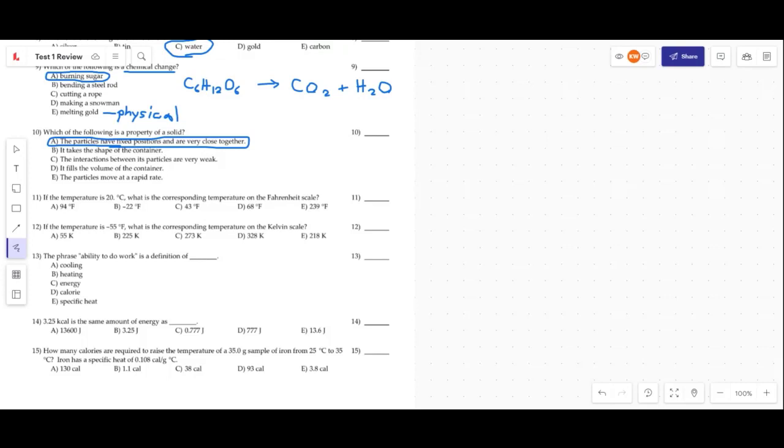Now let's look at the temperature conversions. If the temperature is 20 degrees Celsius, what is the corresponding temperature on the Fahrenheit scale? Let's take a look at this. There's an equation that we can use between Celsius and Fahrenheit. There's actually two different ways to write this equation, but basically the equation is this.